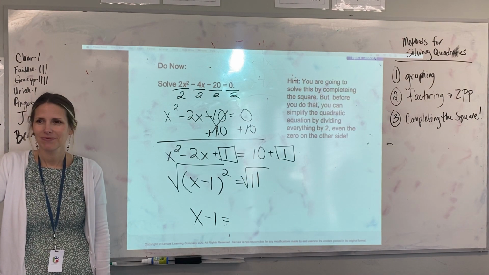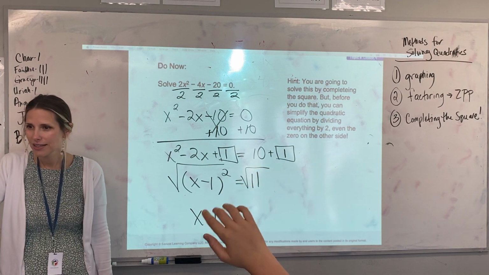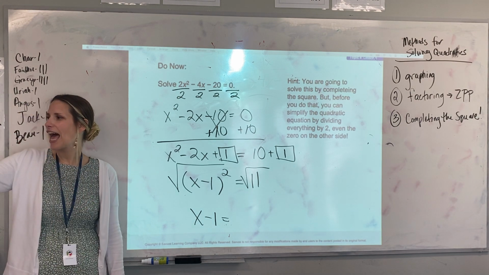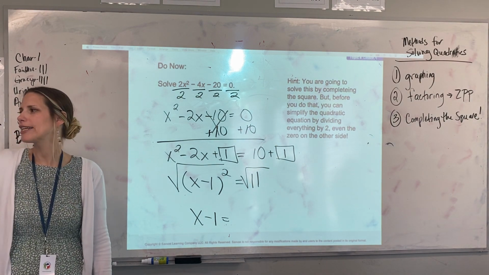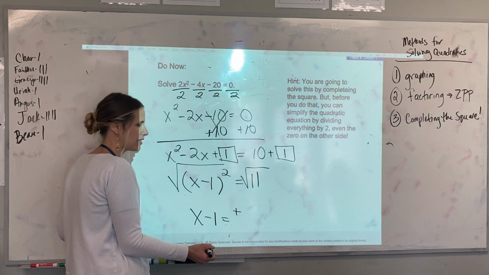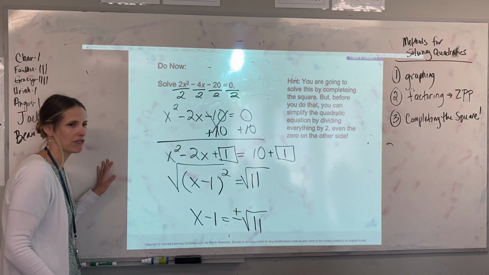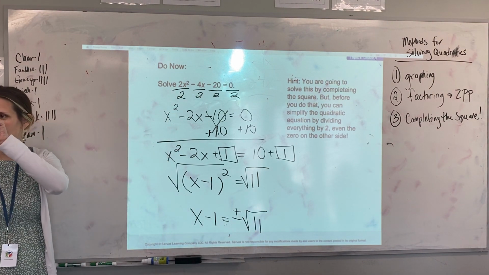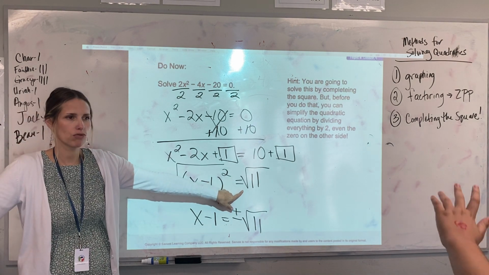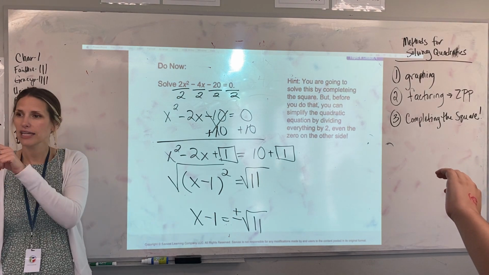She's the closest so far. 1 times radical 11? Plus or minus a radical. Yes! Plus or minus radical 11. Remember, there are two solutions: the positive radical 11 and the negative radical 11.